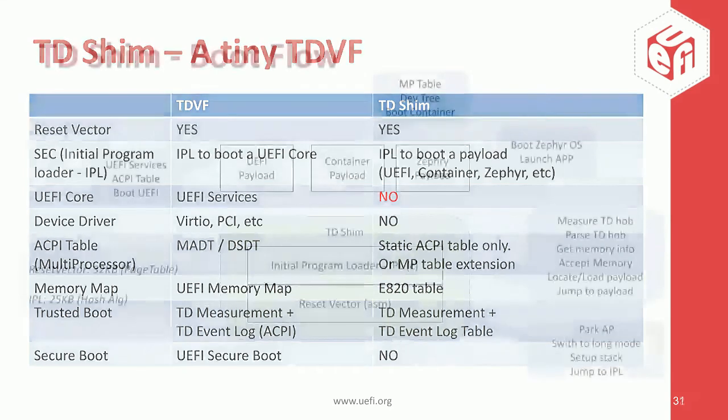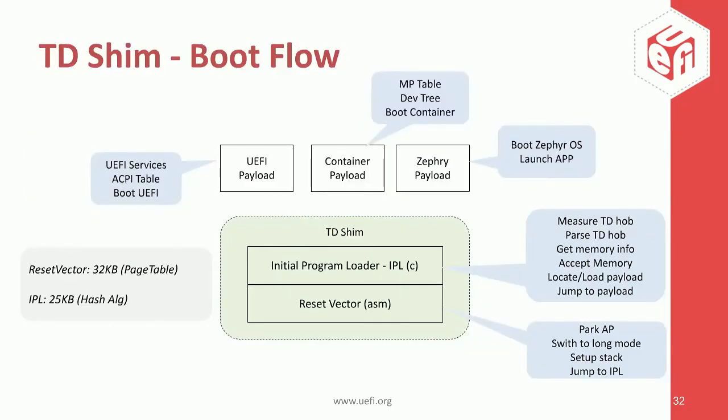This figure shows the TD Shim boot flow. The reset vector parks the AP, then switches to long mode and sets up the stack for C code, then jumps to the IPL. The IPL code measures the TD HOB, parses the TD HOB to get the memory info and accepts the private memory. Then it loads the payload and jumps to the payload.